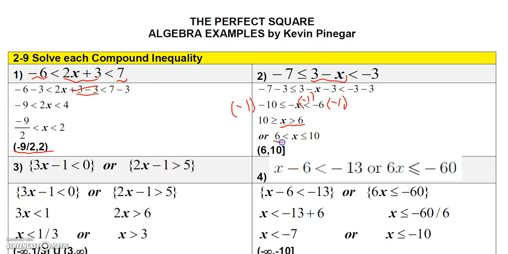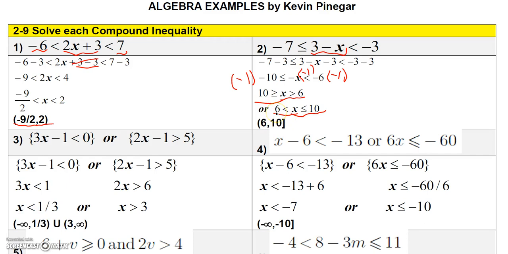So that's what I'm going to write here. 6 is less than x. And x is less than or equal to 10. And so here I write x is less than or equal to 10. So that way I can turn it around and I get my inequalities right. So now the interval notation for that, since 6 is not included, we put parentheses there. And since 10 is included, we put a bracket there.